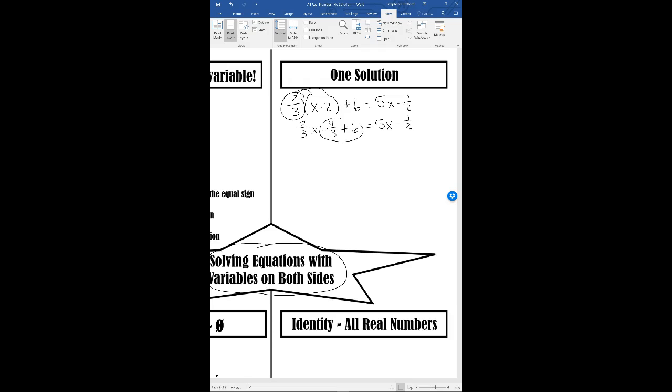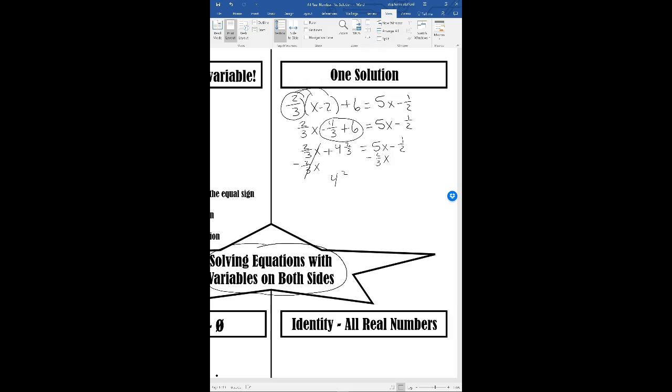The right side stays the same. Now I can combine these constants. Negative 4/3 plus 6 gives me a positive 4 2/3. Now I can get my variables on the same side, so I'm going to subtract 2/3 x to make nothing.